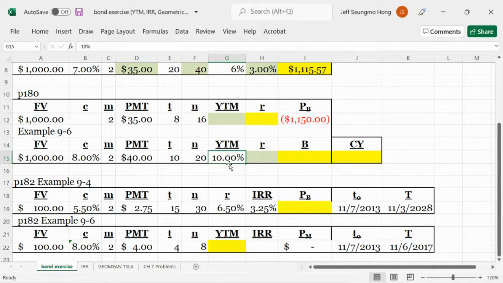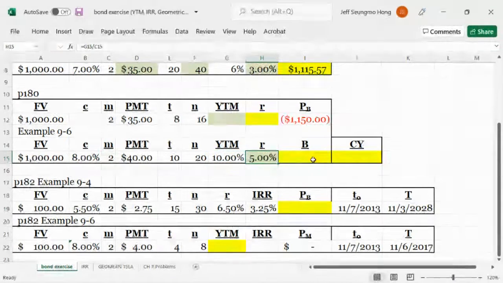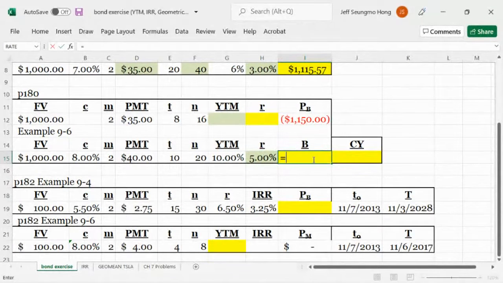Yield to maturity, which is the discount rate, 10%. So half year rate. Now, of course, we know it's going to be 5%. Let's divide it by 2. There you go.